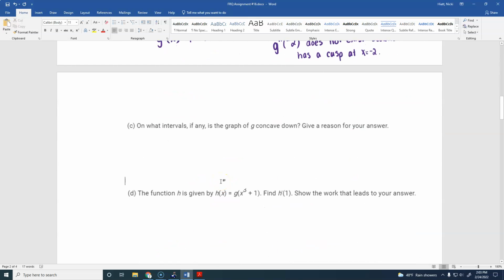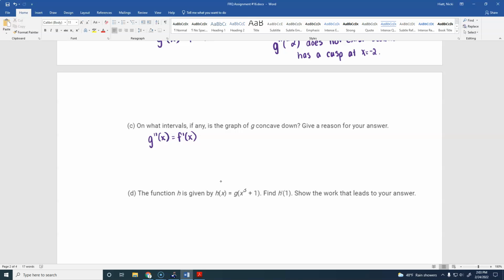But we've already stated that G double prime of x equals F prime of x. So if F is decreasing, then F prime is going to be negative, which would cause G double prime to be negative, which means we're concave down.